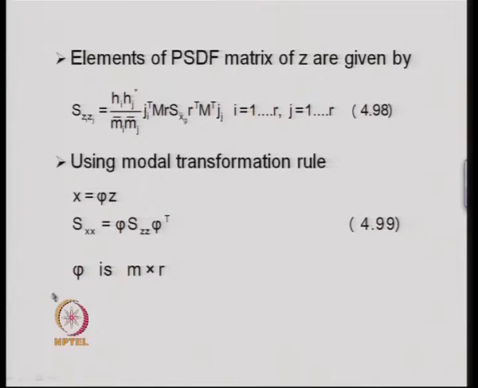Using this truncated mode shape matrix, one can obtain the power spectral density function of the responses in structural coordinates by considering not all modes, but only a limited number of modes.